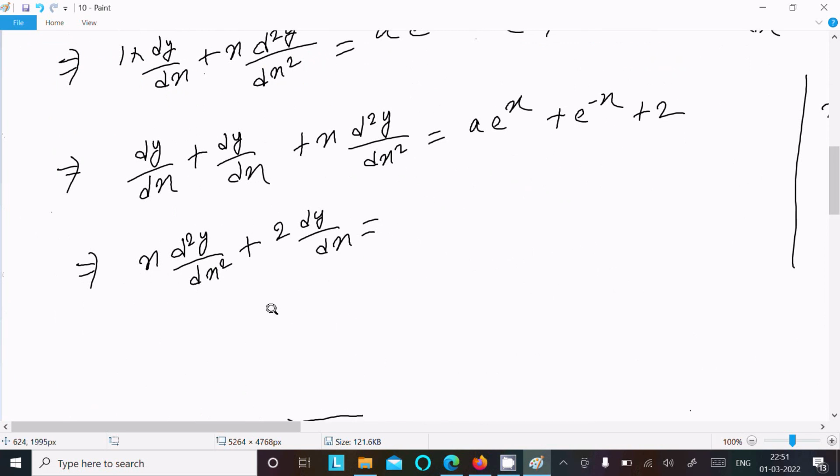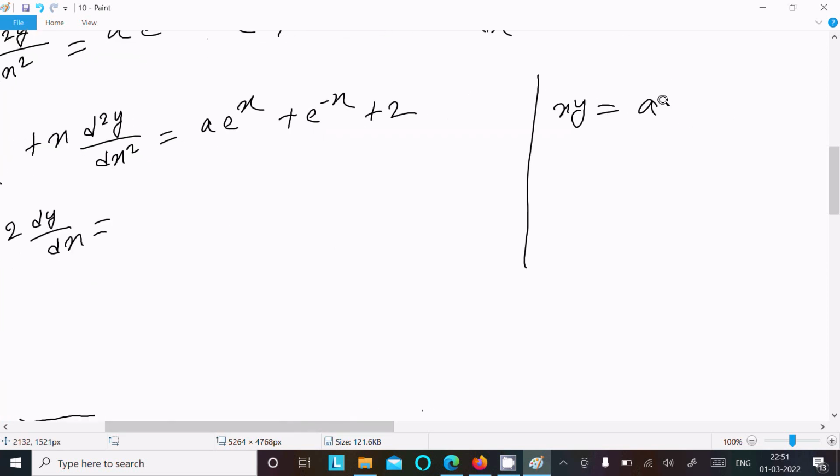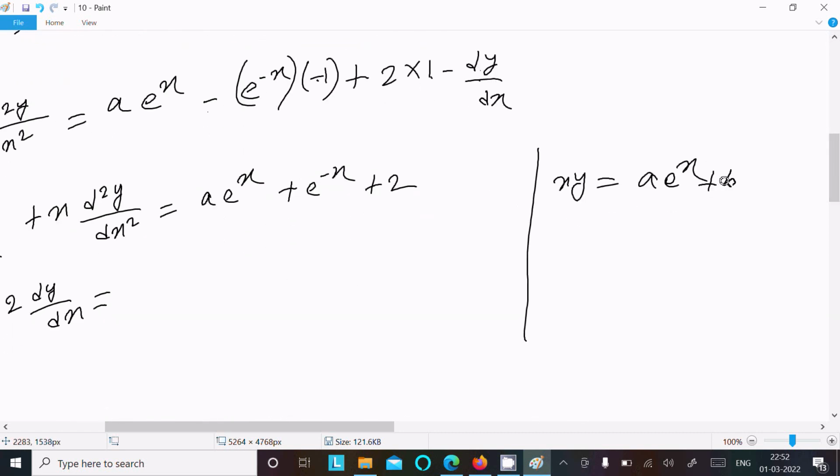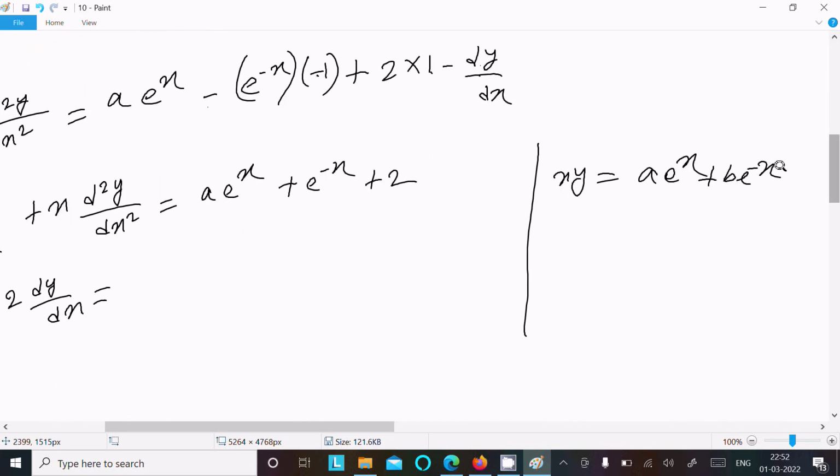So here this place I'm going to write xy = a e^x, the next is b e^(-x), then after here x². So here we can write a e^x + b e^(-x) equals xy - x².